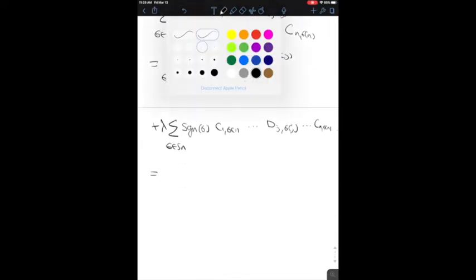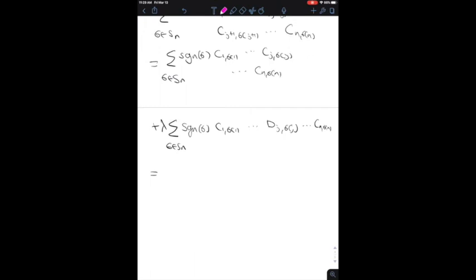Okay, so the first term is the determinant of C1 up to Cn, whereas the second term is lambda times the determinant of C1, then with jth entry dj, up to Cn.